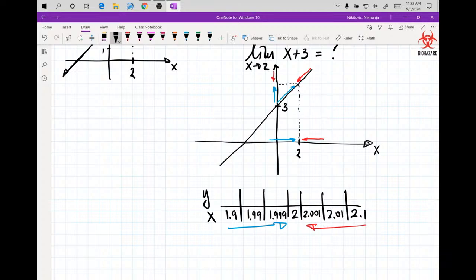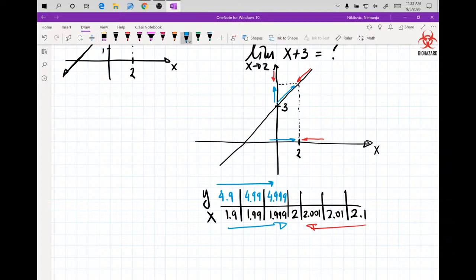Now, you can compute these values and see what they get. So what are the blue values? Well, 1.9 plus 3 is 4.9, then 4.99, then 4.999. So where is the Romeo going? To which value? If you look at the blue numbers, right, they're approaching number 5.